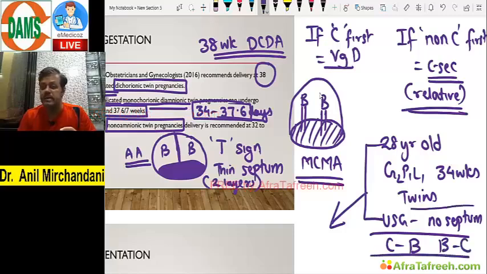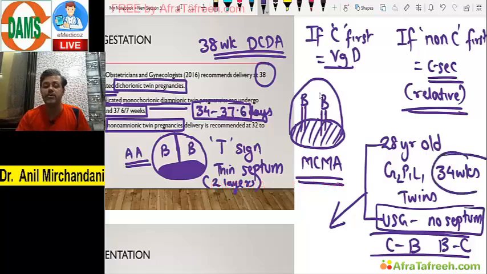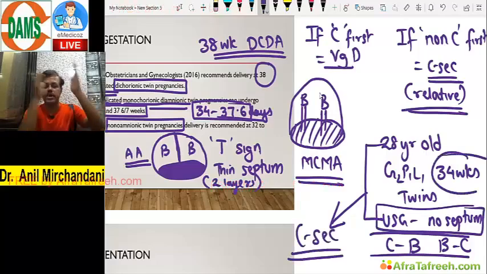What is written is no septum in USG. That means it is monochorionic, monoamniotic, and 34 is the deadline. Your answer should be cesarean section. Am I clear about this? So monochorionic, monoamniotic, cesarean section by 34 weeks at the latest.